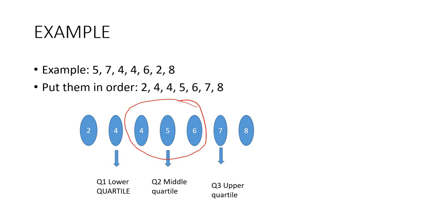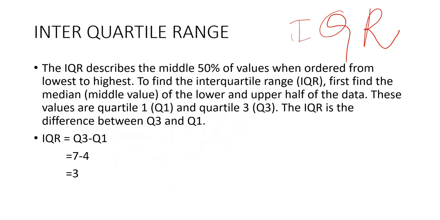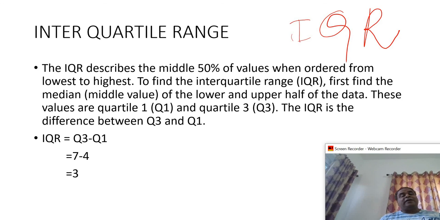Here this is known as the interquartile range. How many numbers are there? There are three numbers. That's known as the interquartile range, IQR. So that is the middle 50 percent. IQR describes the middle 50 percent of values when ordered from lowest to highest.